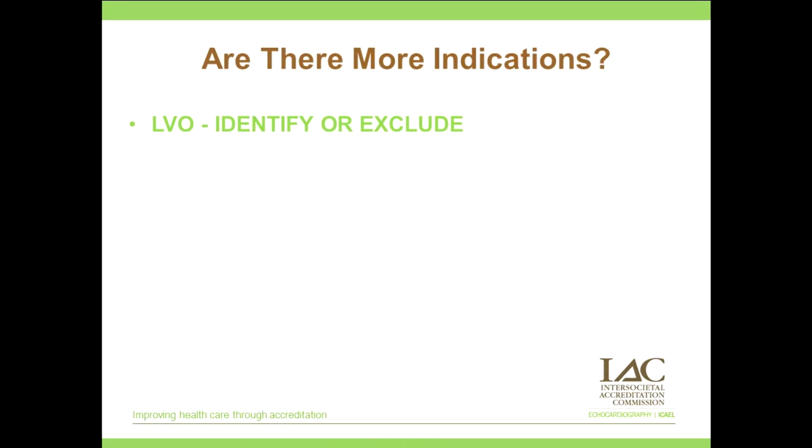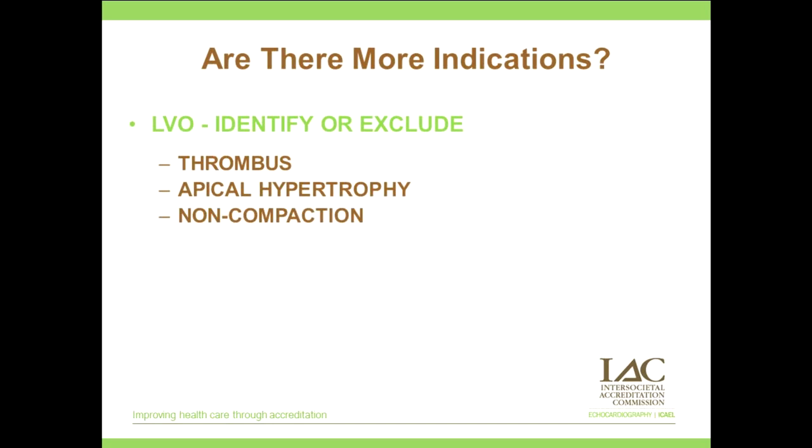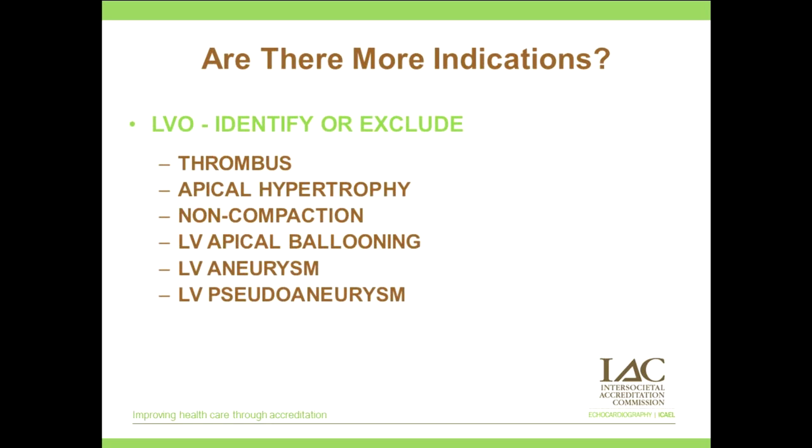Some more indications are to identify or exclude thrombus, apical hypertrophy. It also helps to differentiate compacted versus non-compacted myocardium, LV apical ballooning, LV aneurysm, LV pseudoaneurysm, and myocardial rupture.